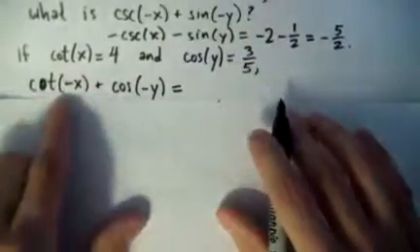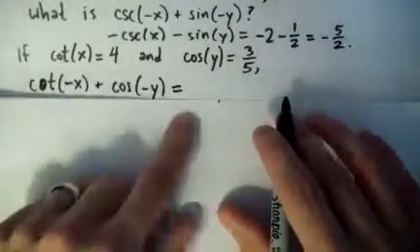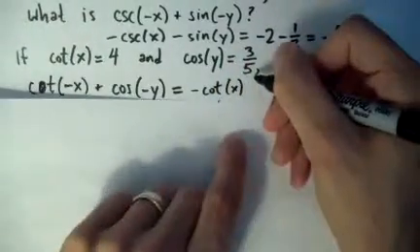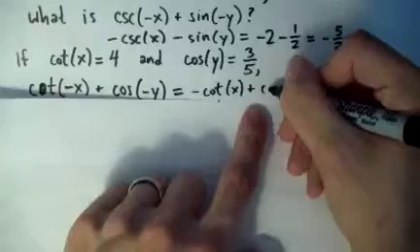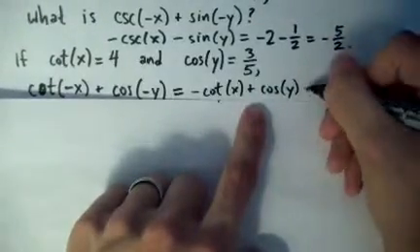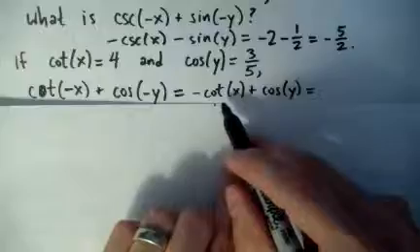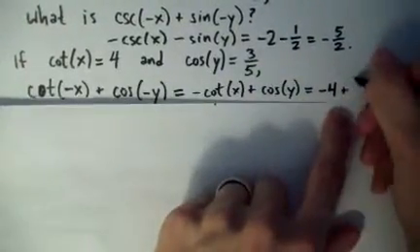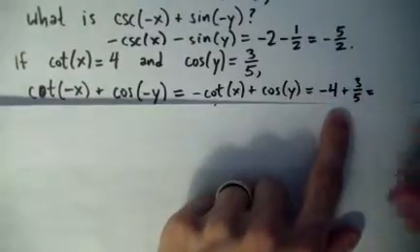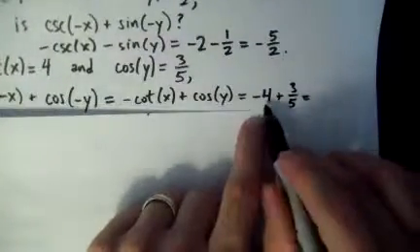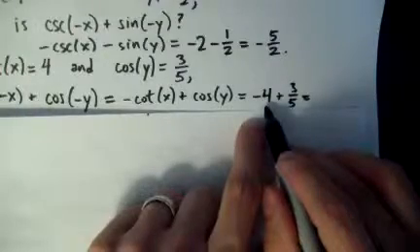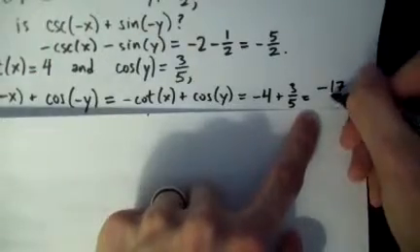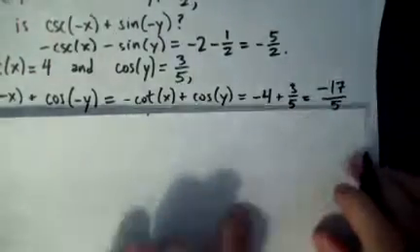Well, because cotangent is odd as well, we get minus cotangent of x, and cosine is even, so plus cosine of y, which is minus 4 plus 3/5. And let's see, getting a common denominator, minus 4, that's minus 20 over 5. So this is going to be minus 20 plus 3, so minus 17 over 5. That's how that would simplify.